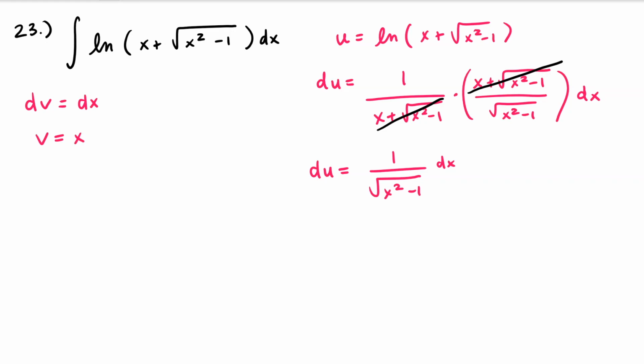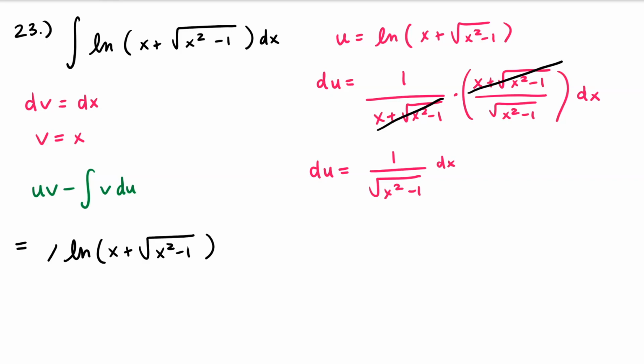So let's go ahead and put all of that together now using our mnemonic device, which is ultraviolet super voodoo. So u is equal to the natural log of x plus the square root of x squared minus 1.